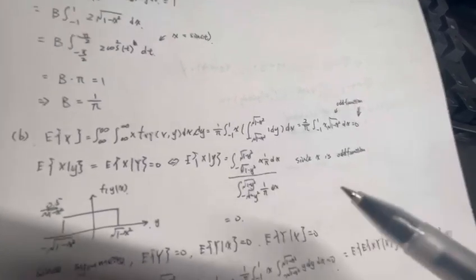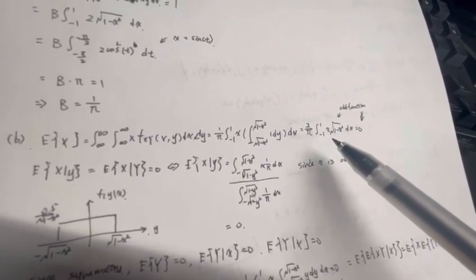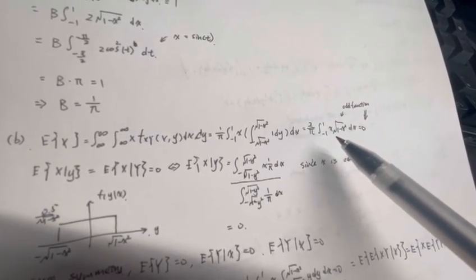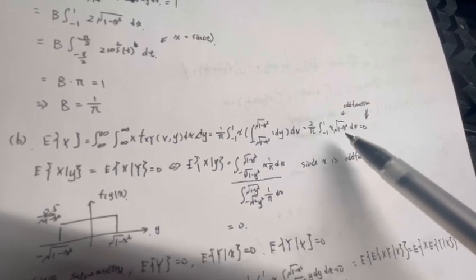This equation equals 2 divided by pi times the integral from -1 to 1 of x times square root of 1 minus x squared.